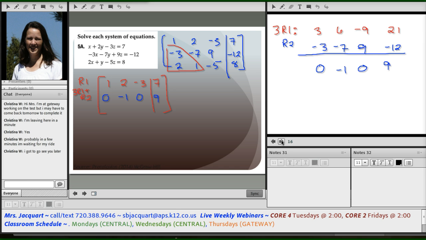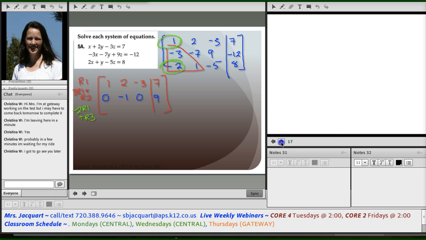And then for our next one, we're trying to eliminate the 2, so I'm going to take row 1 and multiply it by -2, then add row 3. I'm going to go to the whiteboard to work that problem. So -2 times row 1 is -2, -4, +6, and -14.